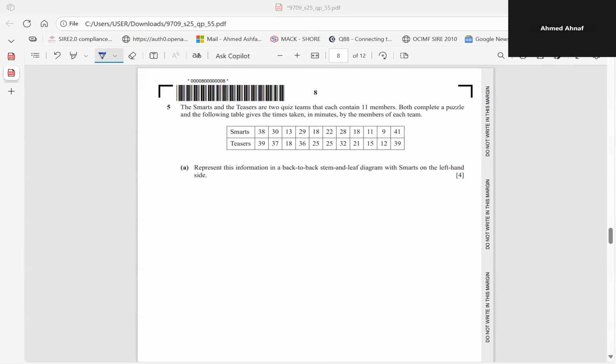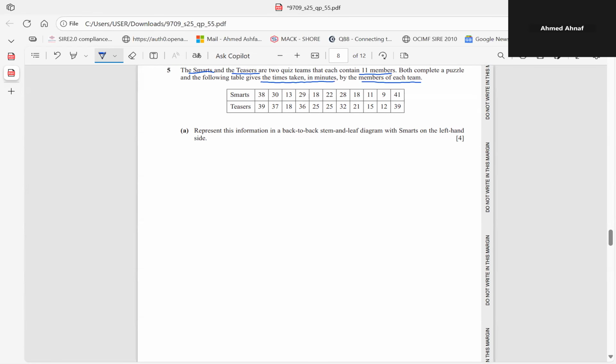So for this question, we're told that the Smarts and the Teasers are two quiz teams that each contain 11 members. Both complete a puzzle, and the following table gives the times taken in minutes by the members of each team. For the first part, we have to represent this information in a back-to-back stem and leaf diagram with the Smarts on the left-hand side.